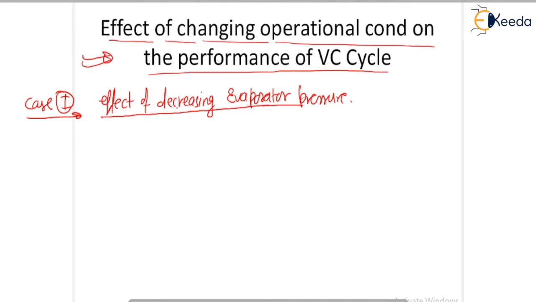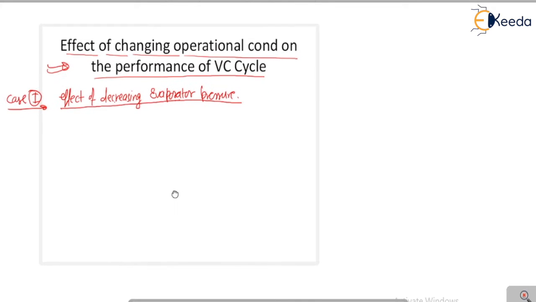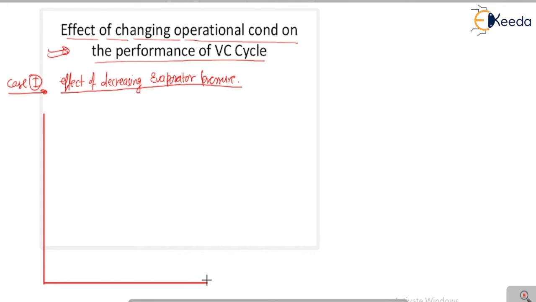First of all, you have to plot your VC cycle over the TS curve. Take some space, and here we are going to plot our VC cycle over the TS scale. This is our T and this is our S scale, and this is our saturation curve.